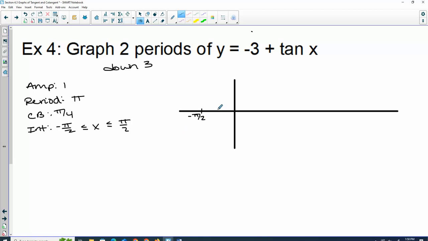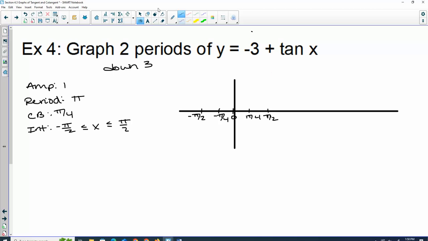Negative pi over 2 plus pi over 4 would be negative pi over 4, plus pi over 4 is 0. Pi over 4, pi over 2. I'm leaving myself a little bit of space to come in and do my second period in a minute.